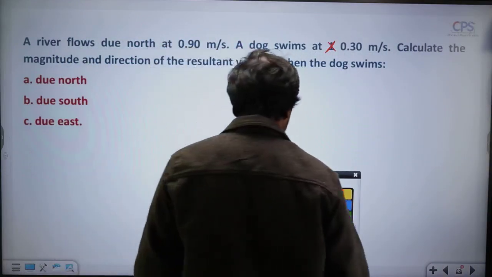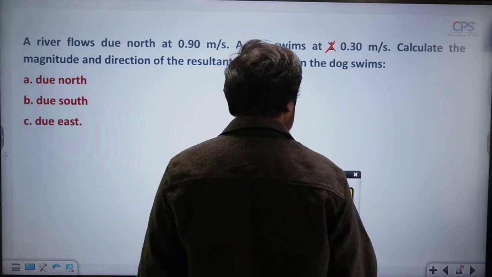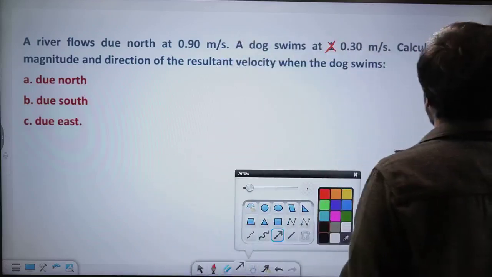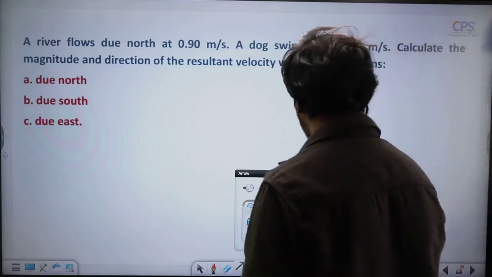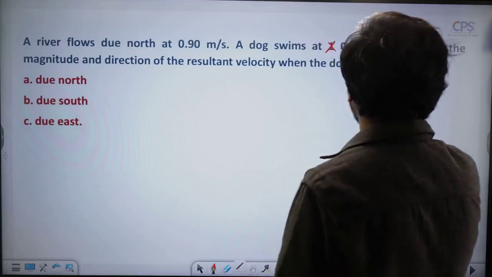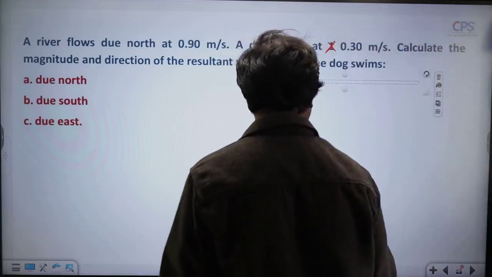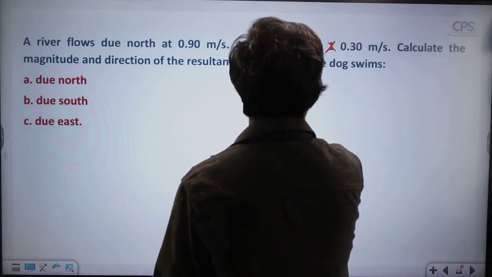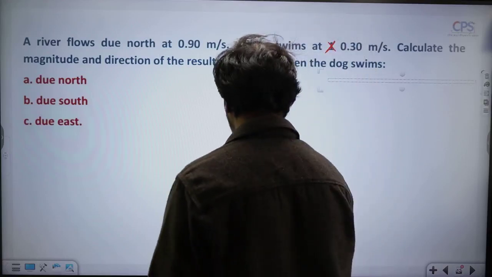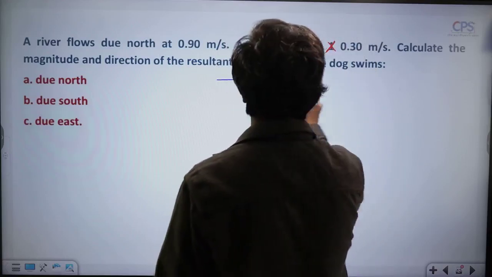So what we are thinking right now is about a river. Okay, so let's at first draw a river. Sorry, this is the river.